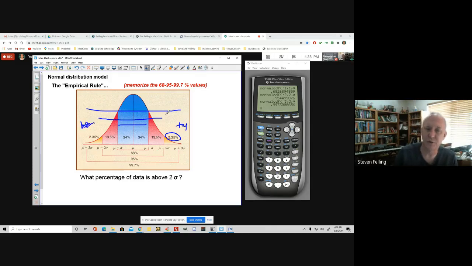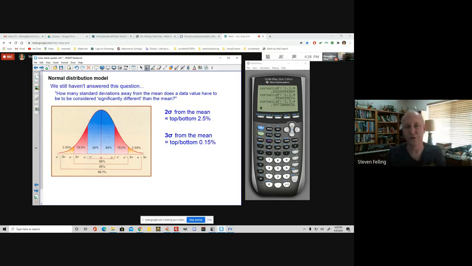And that's the reason why we can say that anything outside of 2 standard deviations away from the mean is considered unusual or an outlier. Okay? So we still haven't answered the question: how many standard deviations from the mean does a data value have to be to be considered significantly different? If you're at least 2 standard deviations away, you're in the top or bottom 2.5%.